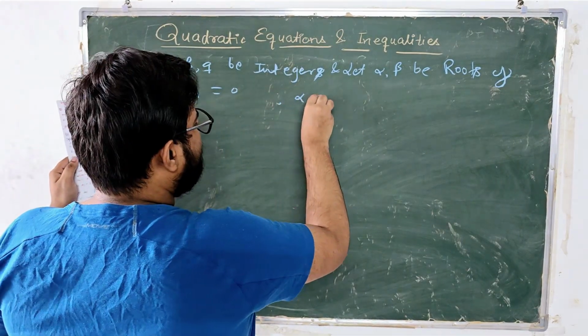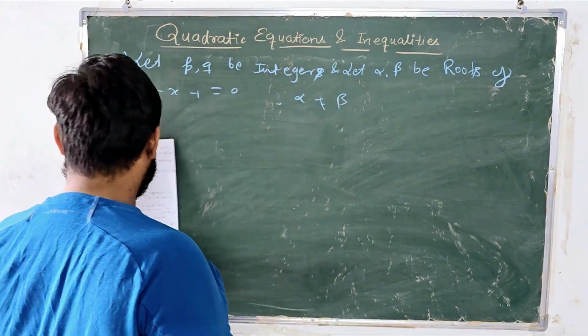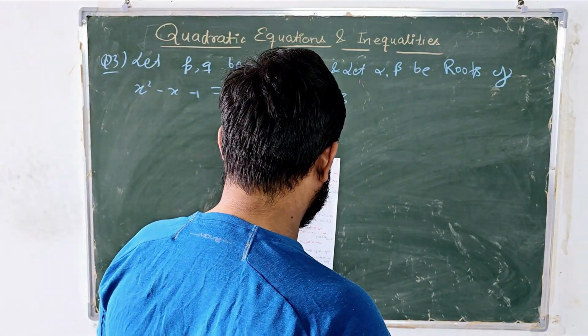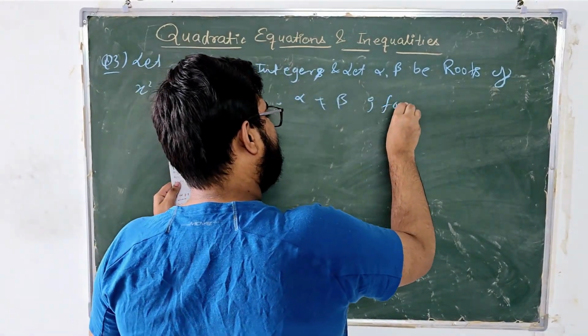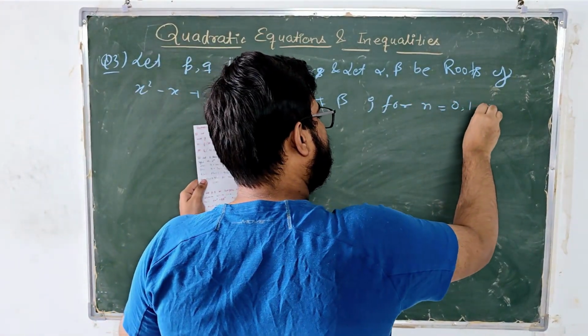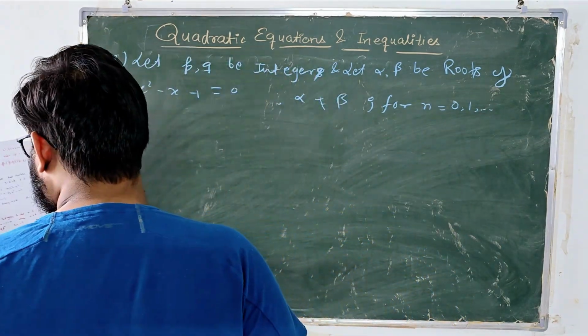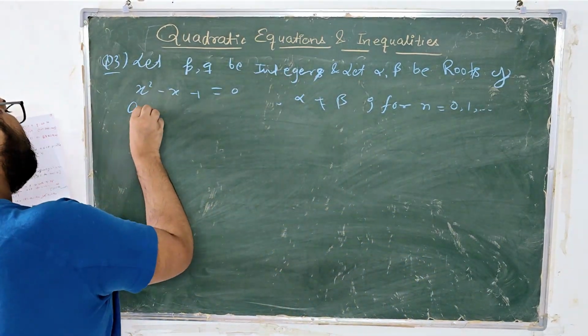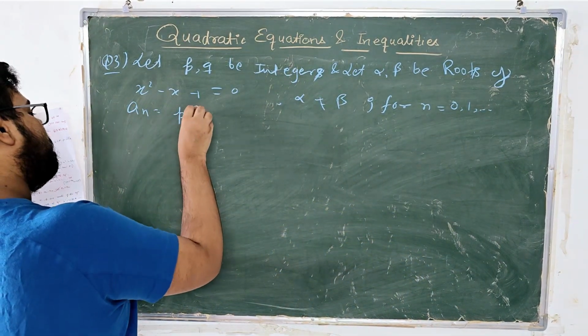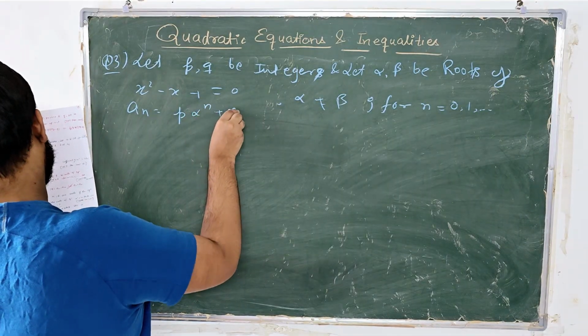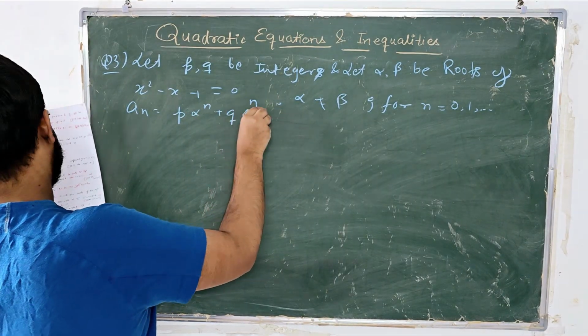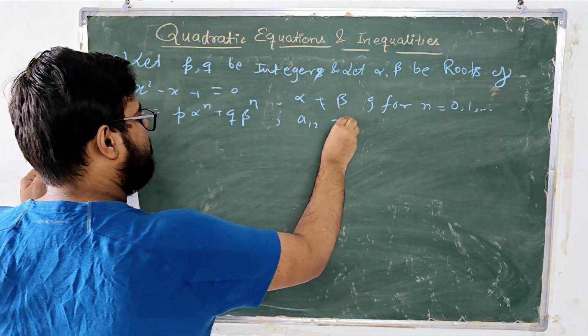And of course alpha is not equal to beta. We can clearly see that. And a_n is p into alpha raised to the power n plus q beta raised to the power n. So a12 is equal to what?